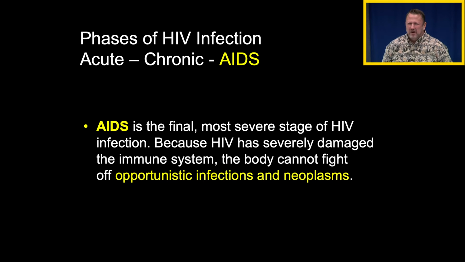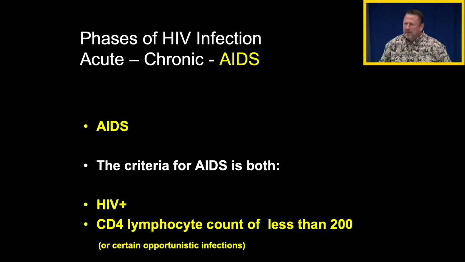And not only are there opportunistic infections, there are also opportunistic cancers and neoplasms, growths. Neoplasms can be growths that aren't necessarily cancer, but cancers are certainly neoplasms. And so not only do we see these opportunistic infections, we see opportunistic cancers, opportunistic neoplasms as well.